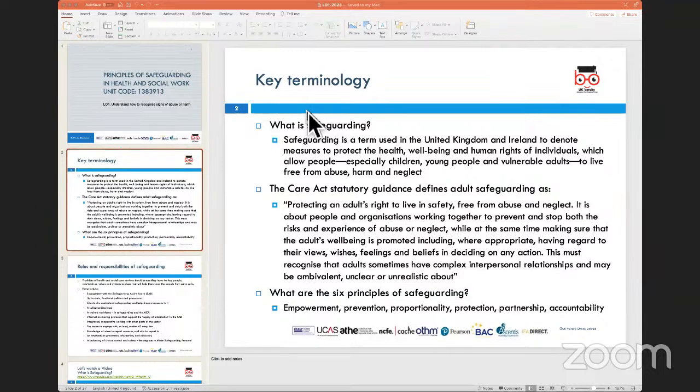Now, a couple of things that we look at before we get into the detailing of the learning outcome, just to look at the specific meaning of the term, what is safeguarding? Safeguarding is basically used, more so in the context of European Union, especially in UK and Ireland, which denotes that there are people which need protection when they receive health and healthcare services. And this is primarily because these people are either vulnerable or have some sort of a disability, and they can be open to abuse, neglect.